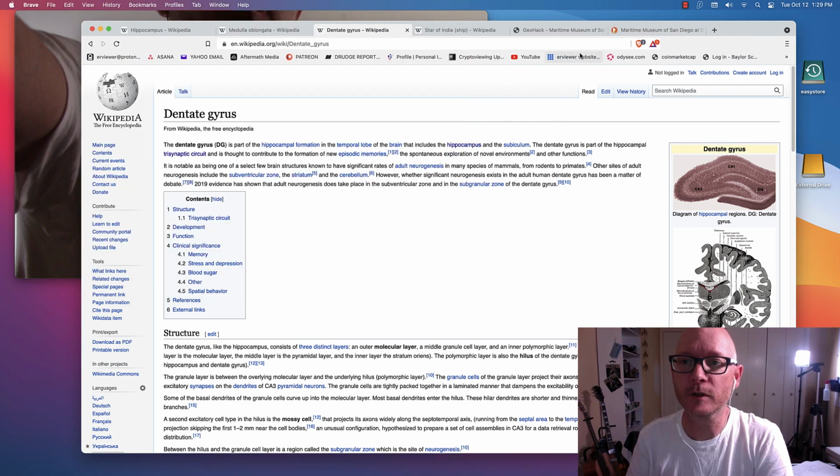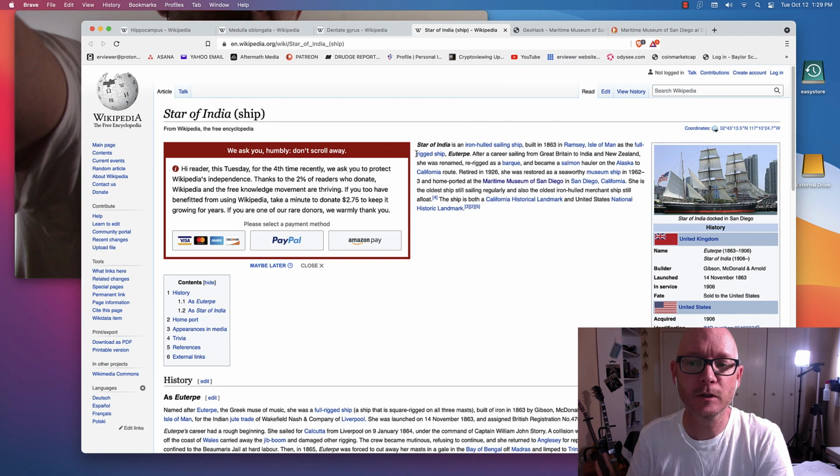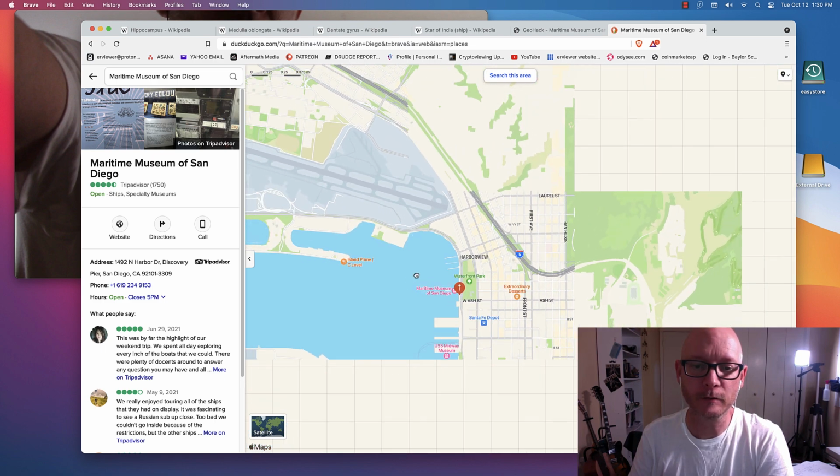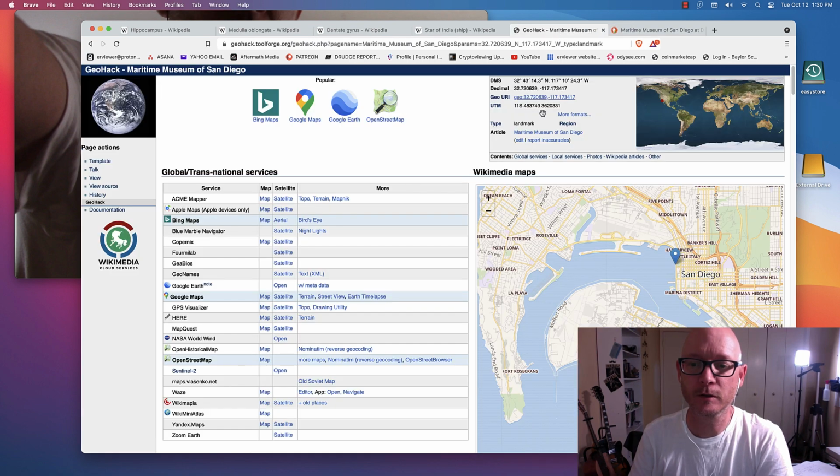Oh, this is the target. The target was this ship here, the Star of India. It's docked at the Maritime Museum in San Diego, right here. Okay, let's take a look at this.